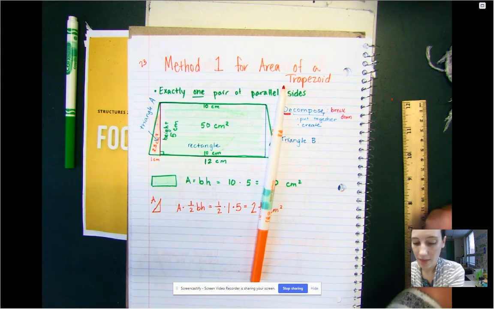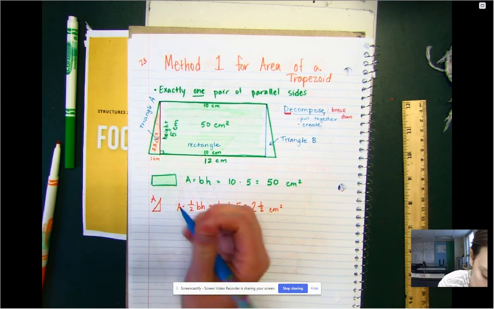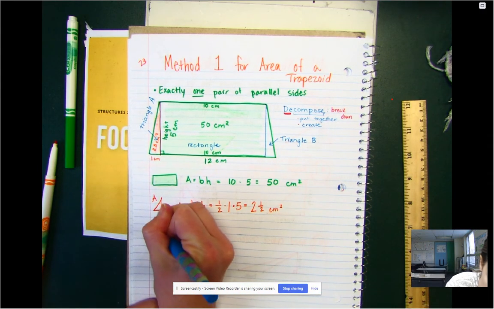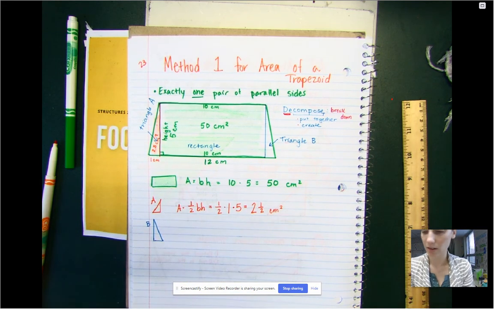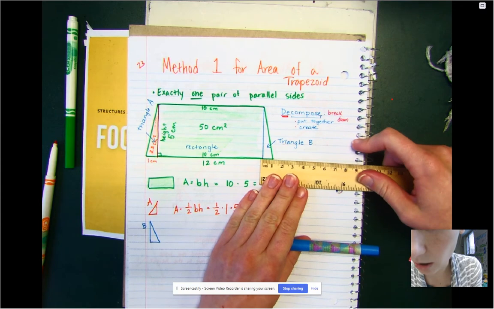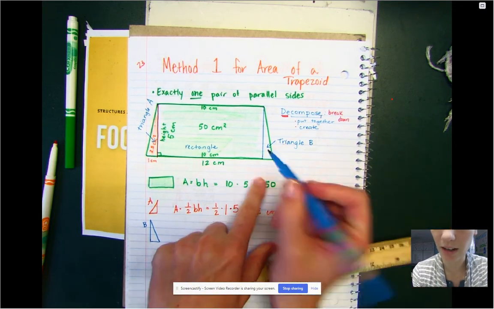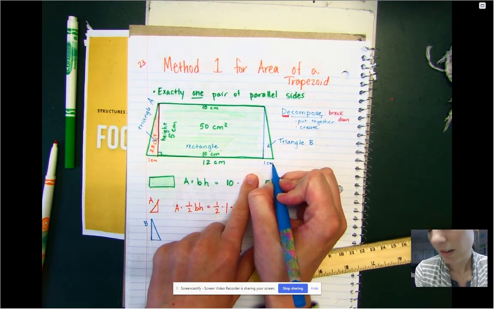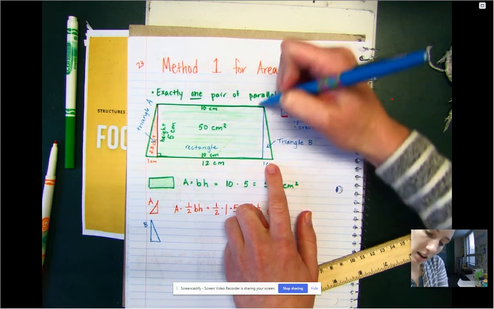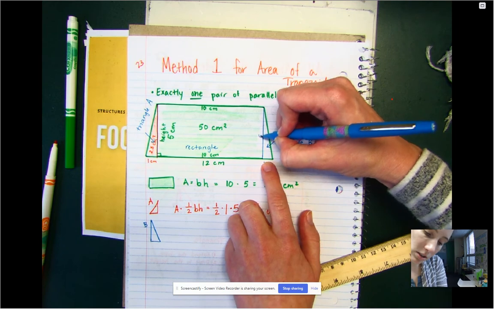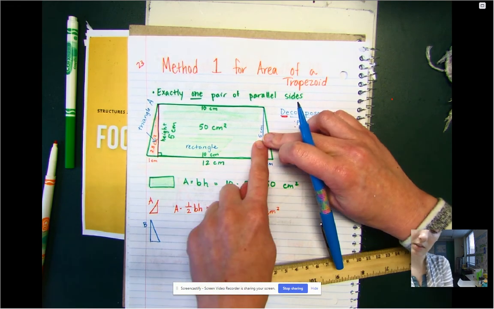Okay, and then for my last piece, I need to find the area of triangle B, which is on the other side. And it looks like triangle B also has a base of 1 centimeter. It has a height of 5 centimeters, just same as the line over there.